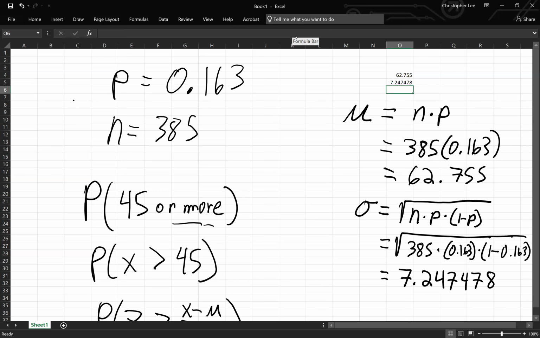Yeah. For yours? So for you, if you're doing it on the phone, do the inside first and then do the outside. So 385, right? Times 0.163 times open parentheses, and then one minus 0.163, close parentheses, and enter.